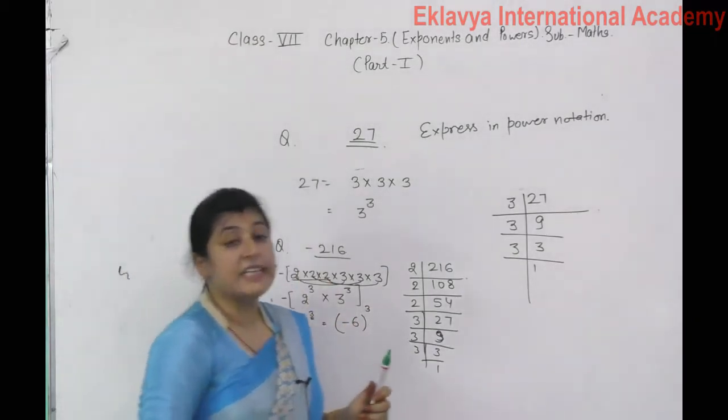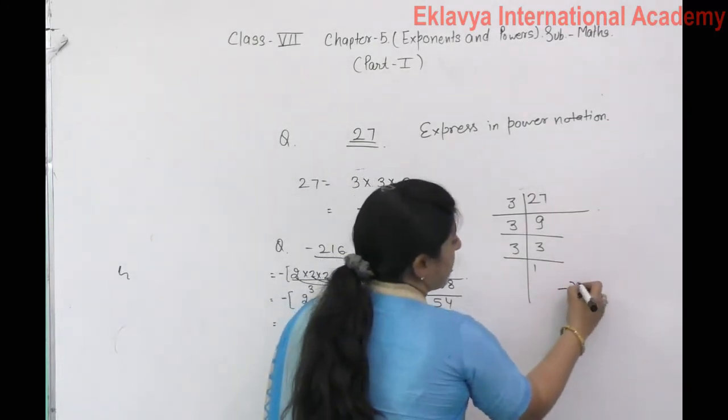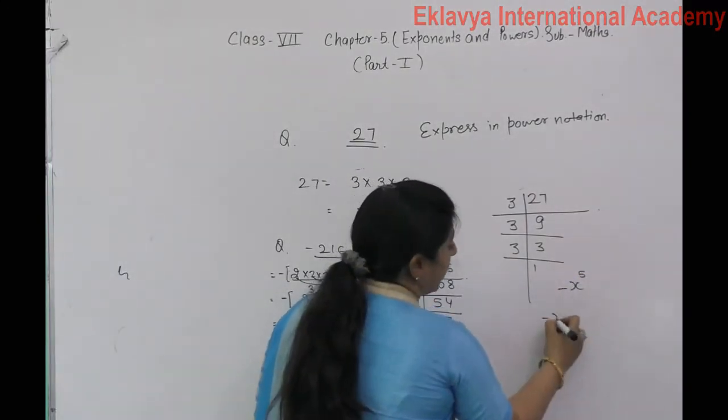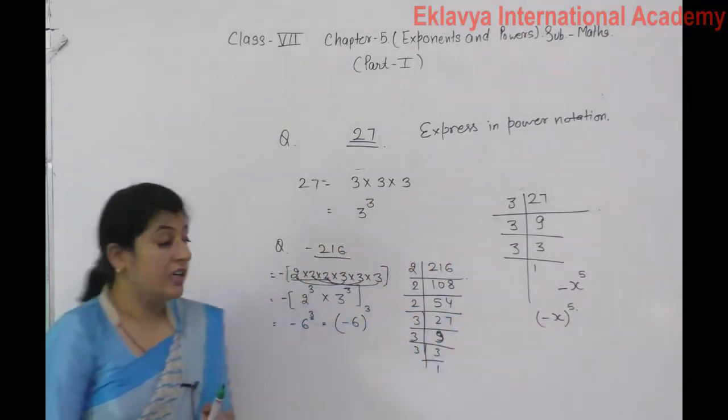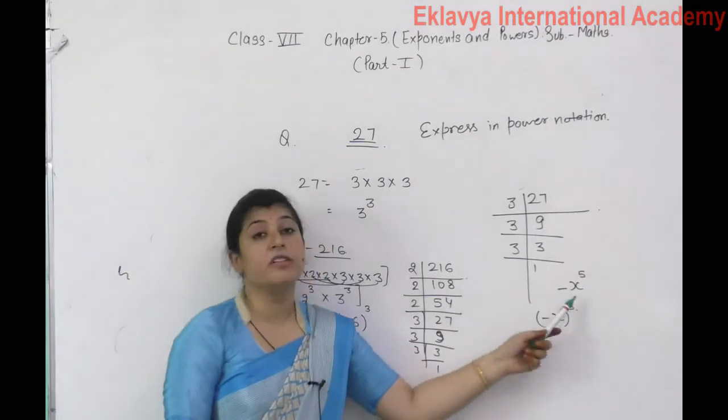But one thing, see here, minus x power 5 and minus x whole power 5. We can't say that they are always equal.